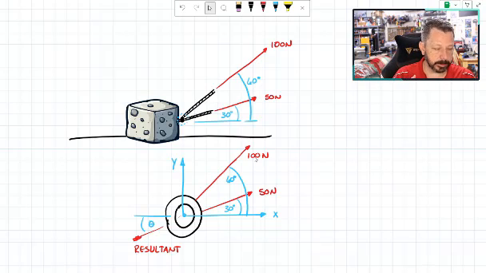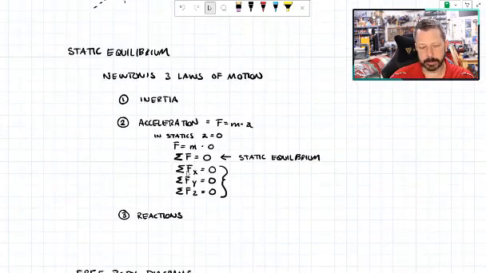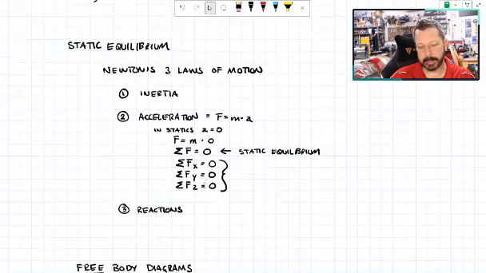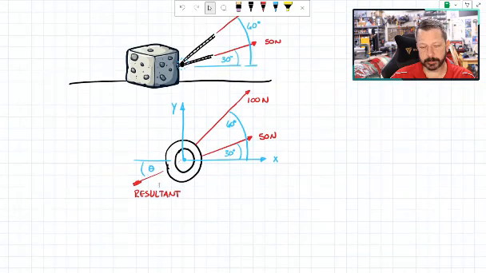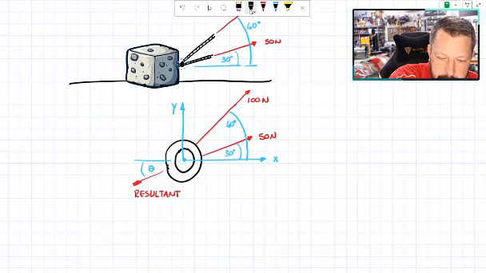So how I'm going to do that goes back to our summation of forces in X and Y. Each one of these forces has an X component and a Y component. Let's just do the X components.